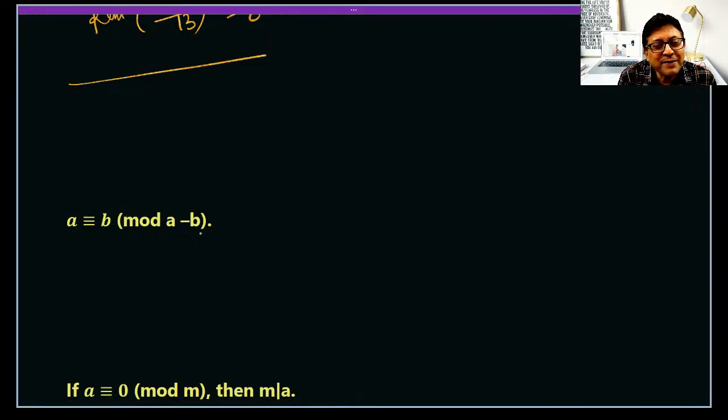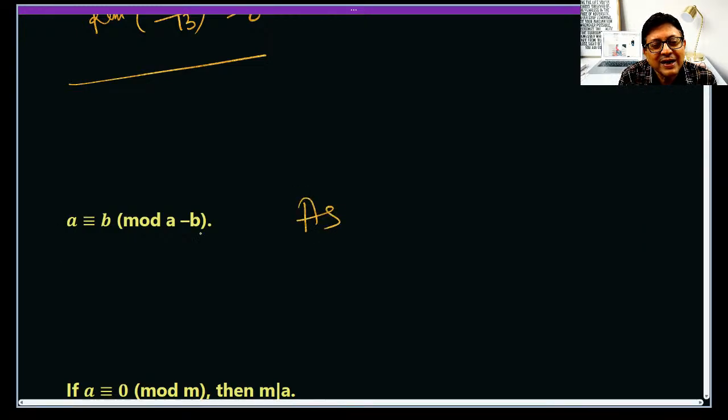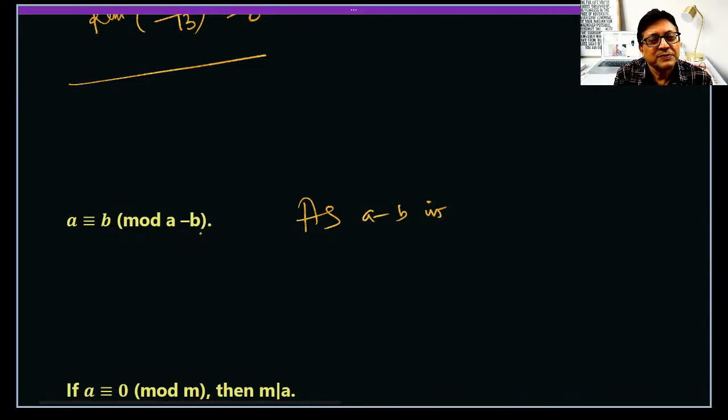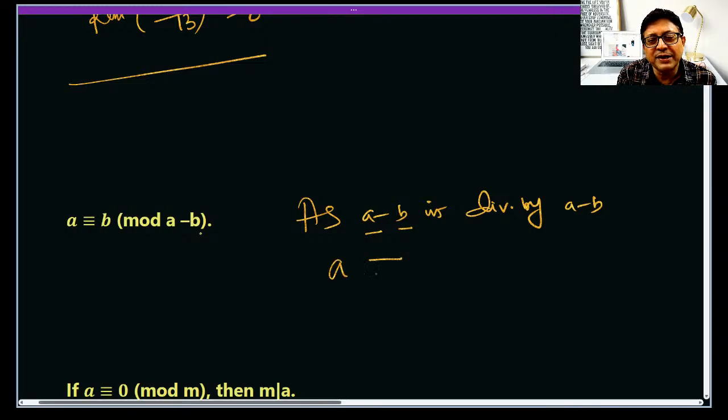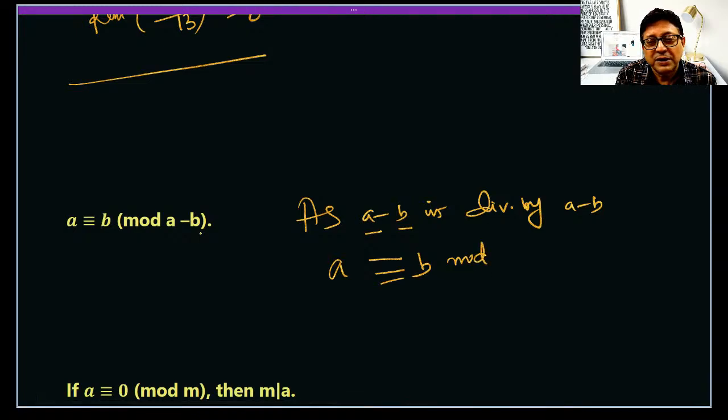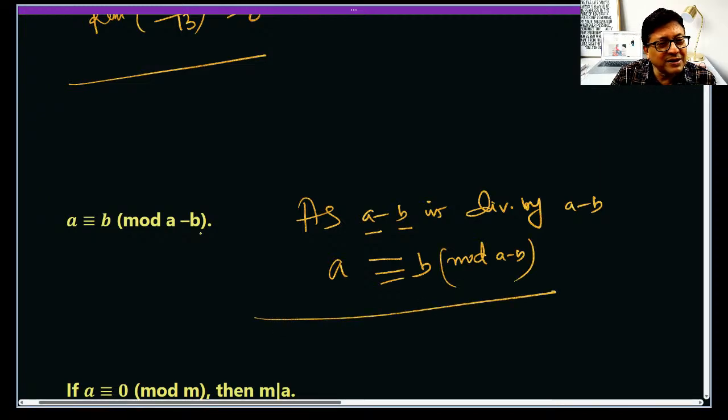Because A minus B is divisible by A minus B. So two integers A and B will be related to each other with this relation: A congruent with B mod A minus B. Clear? Understand? So this is an important observation.